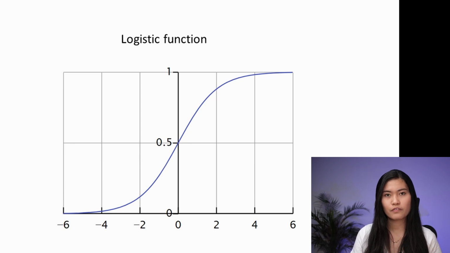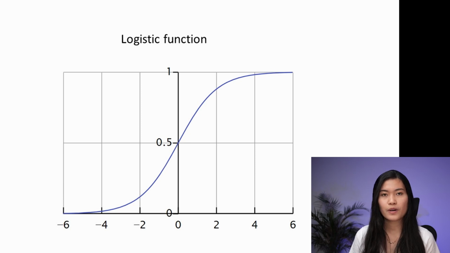In this sigmoid function, there is a decision boundary: if the probability is greater than or equal to 50%, it belongs to class 1, and if it's less than 50%, it belongs to class 0.